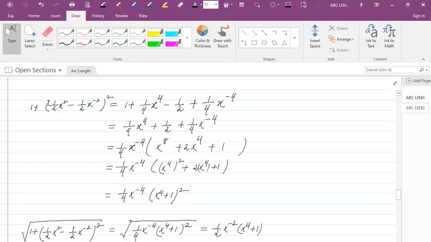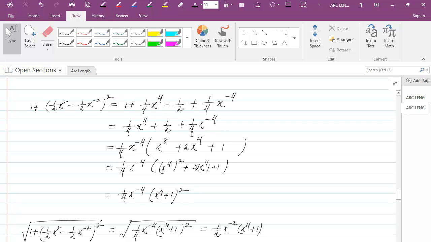So 2 times this is going to give me a half, and then the square of this guy would be 1/4 x to the negative 4th. So we get this quantity. 1 minus a half is a positive half, so we get positive half here.